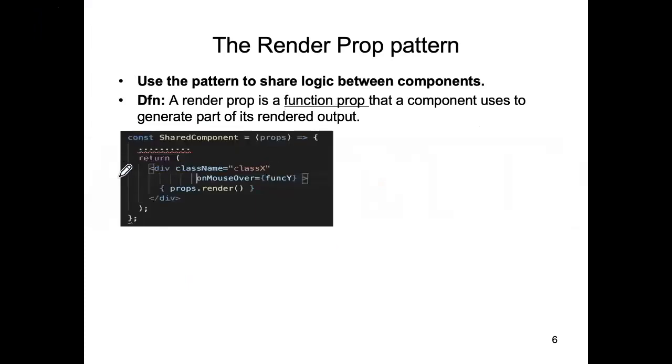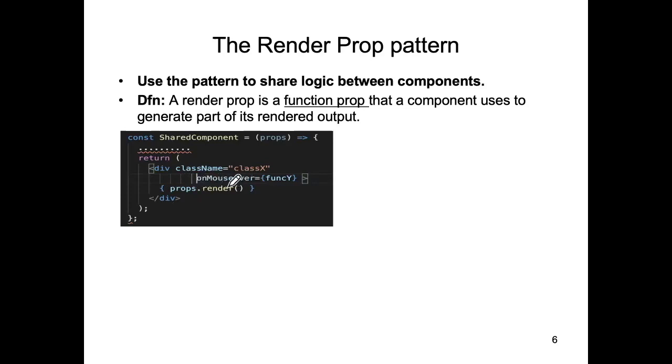Let's look at a kind of silly example. So I've got this component, which I purposely called shared component. So this is the one that's going to be reused. And a bit like the children's prop, you can see here in the middle of its JSX, it's invoking a prop called render, but it's invoking it as a function.